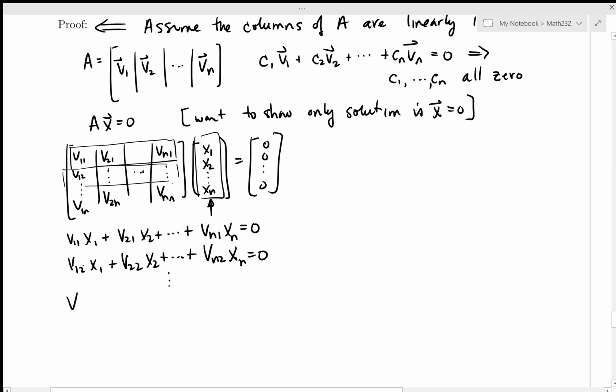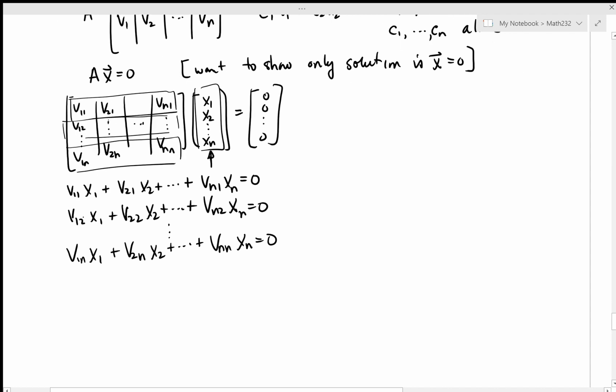Now the last one: multiplying by x, I get v1n x1 plus v2n x2, and I keep going, vnn xn is 0. So how could I rewrite that? x1 times v1 plus x2 times v2 plus dot dot dot plus xn times vn is equal to 0.